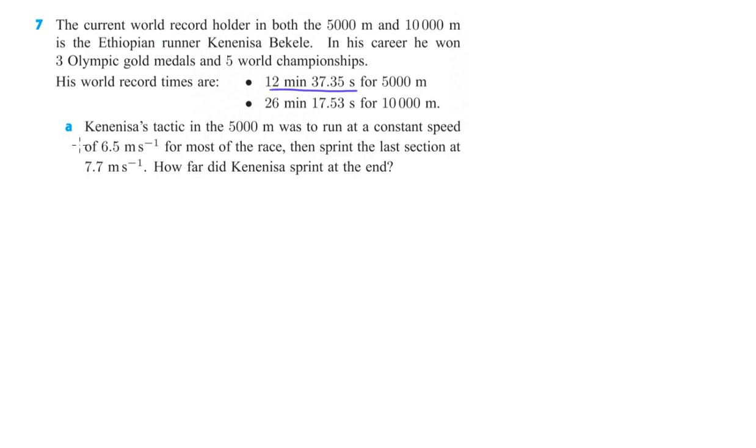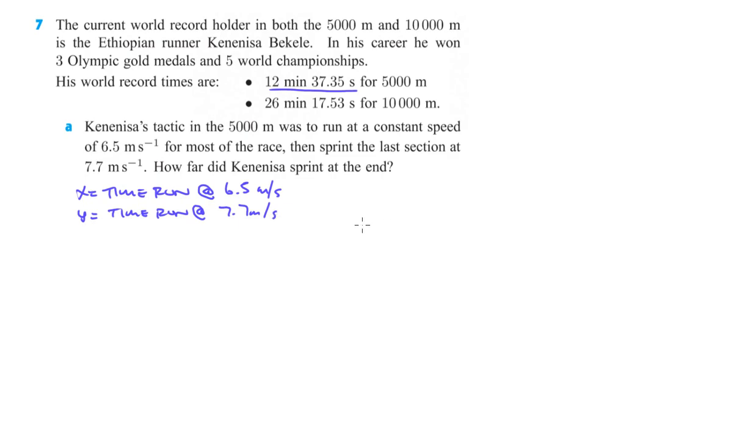So let's say X is the time run at 6.5 meters per second. And then Y is going to be the time run at 7.7 meters per second.